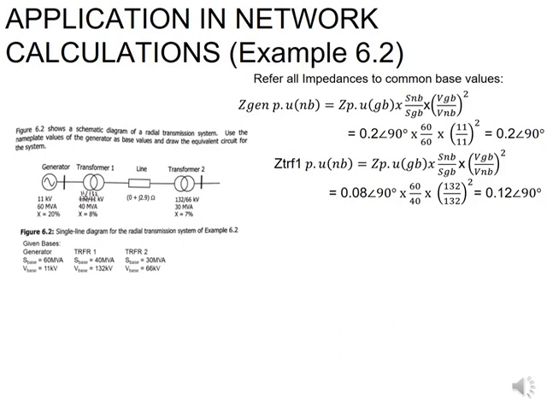I then take that 0.08 at 90 degrees and I multiply by my 60, which is my new base. That's the generator value I've been told to utilize. And I divide by my 40, which is the given base that I already had on my transformer. And then my answer will simply be the 0.12 at 90 degrees.